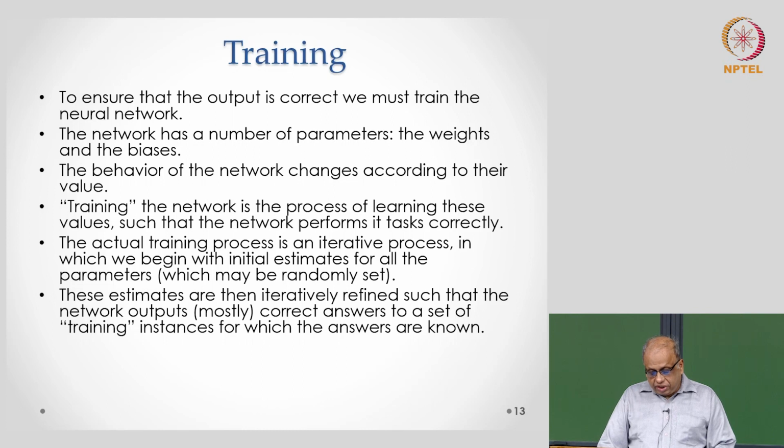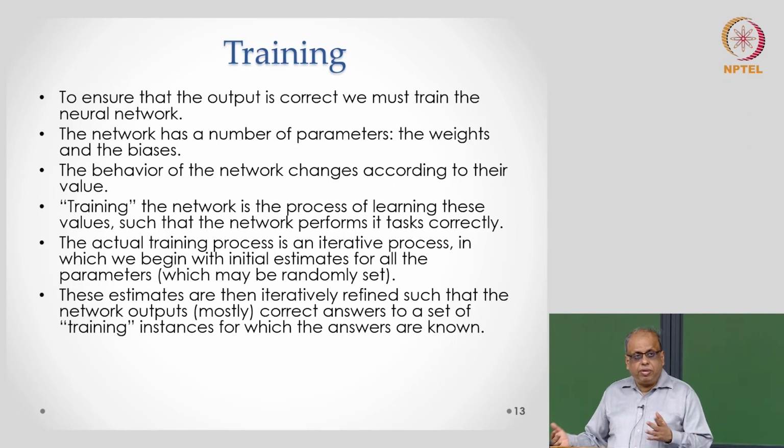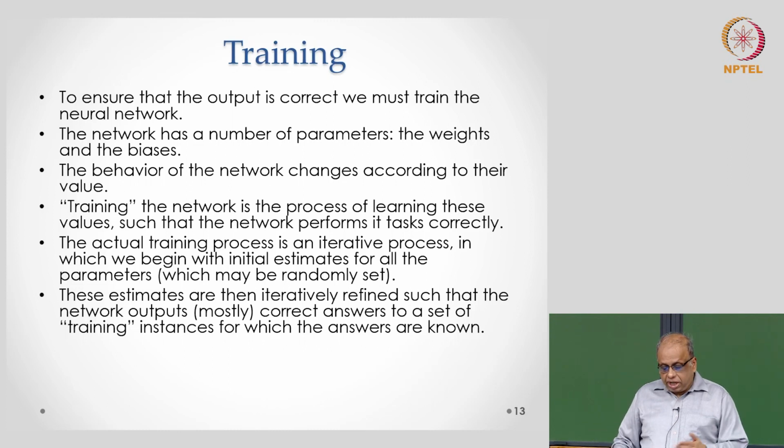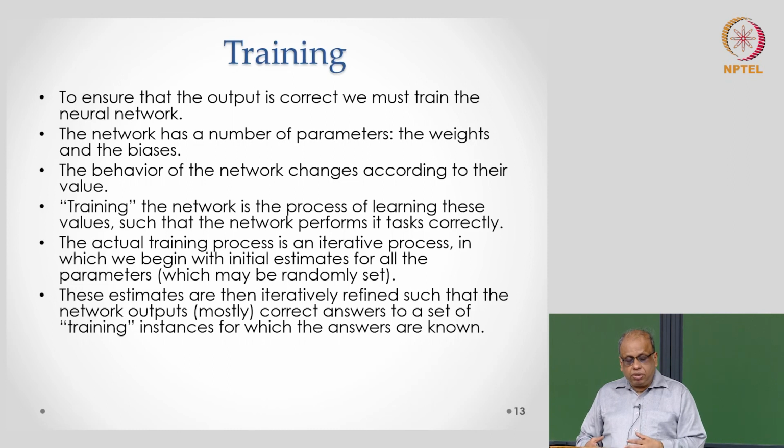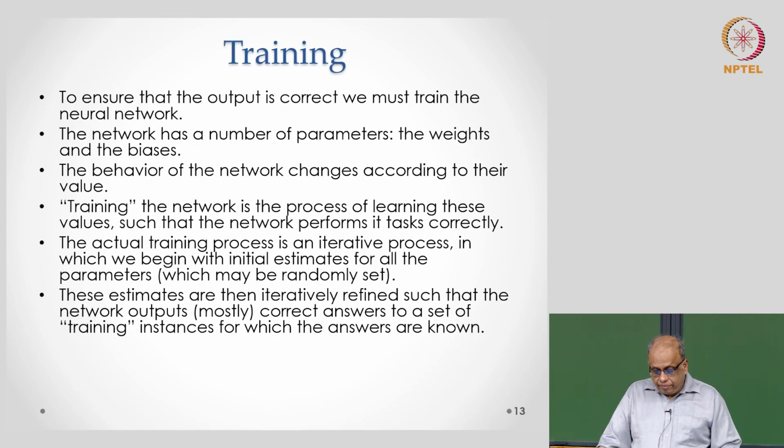Training the network is the process of learning these values, because when you start, you put some random values for these weights, but as you go forward, you train the network so that you can learn the weights better. Okay, so the network performs the task correctly. The actual training process is an iterative process.